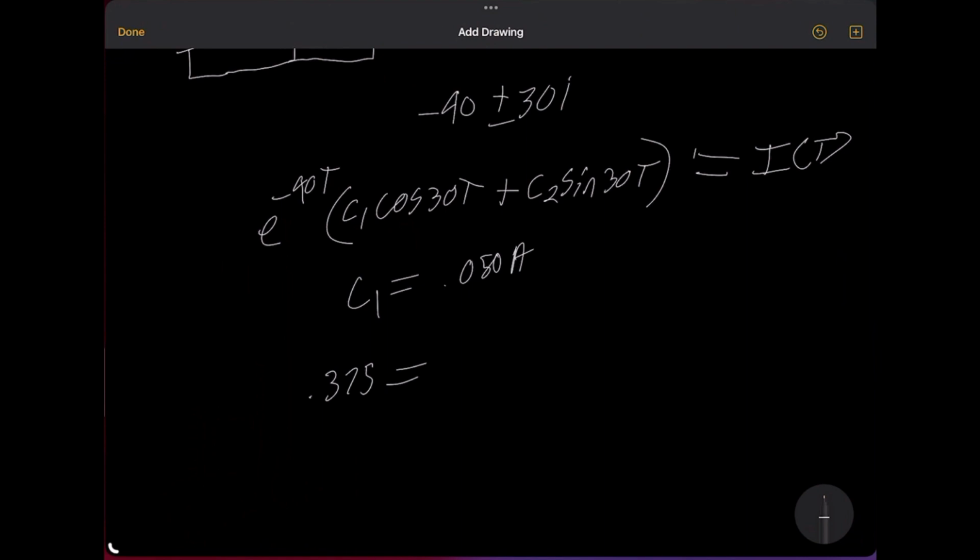So we're going to have 30C2, and we're going to have minus 40 C1. That's going to be our cosines that are going to be equal to 1 at 0. Those are going to be the only ones.